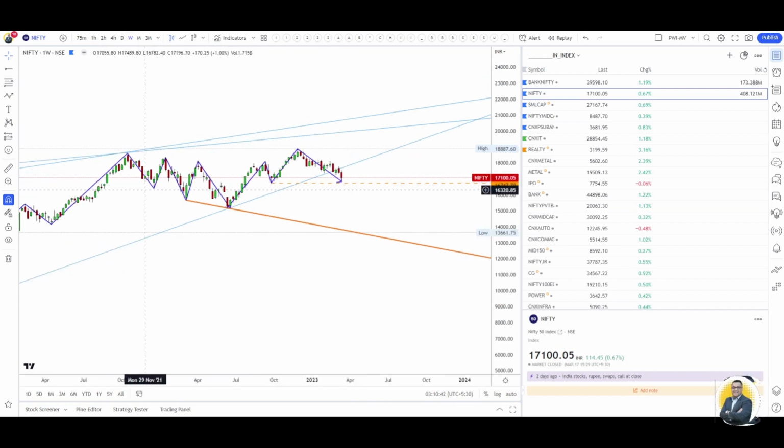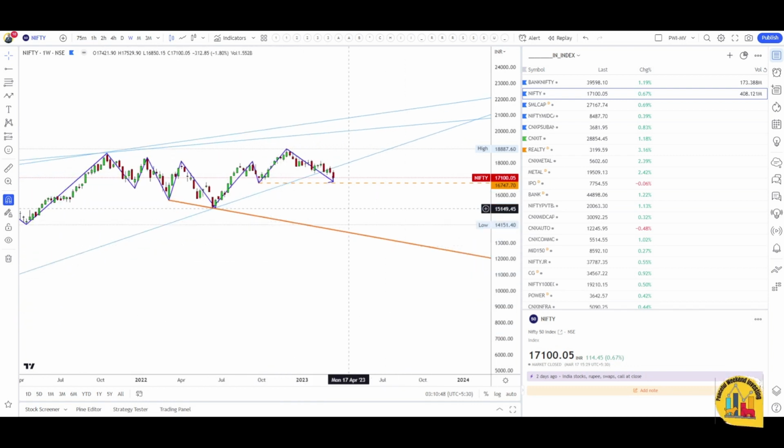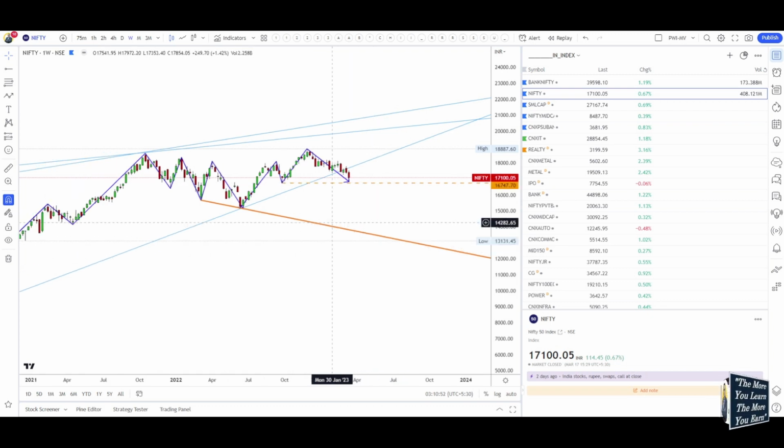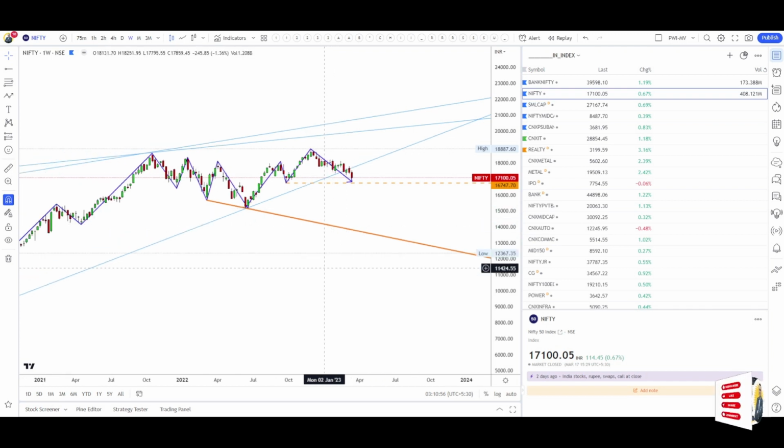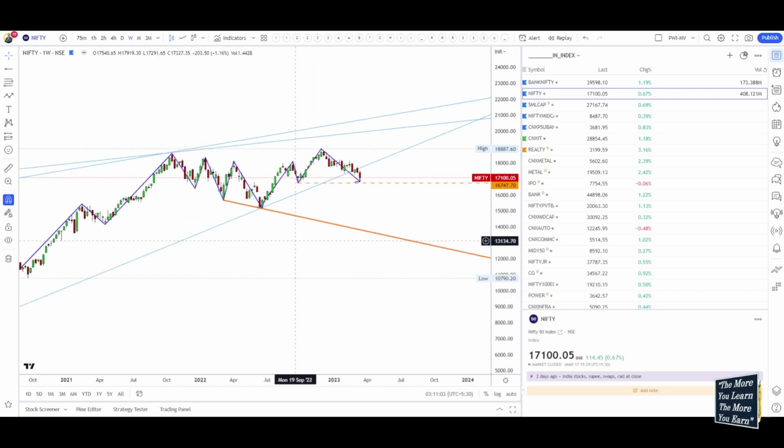So when we analyze on a weekly chart basis, we're looking at medium to long term, and at this point this line, which is 16747, has some level of support, which I'm hoping it will not break below. If not, then we'll see further down as per my analysis. I can completely be wrong here, but it is important for you to make a note of that.